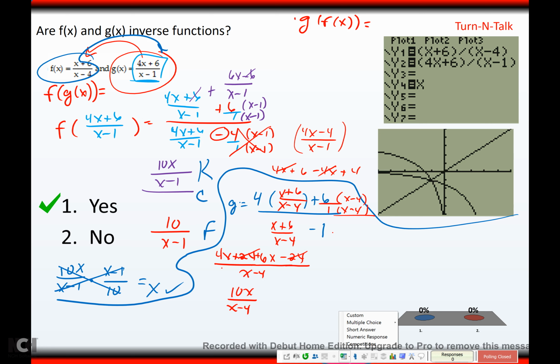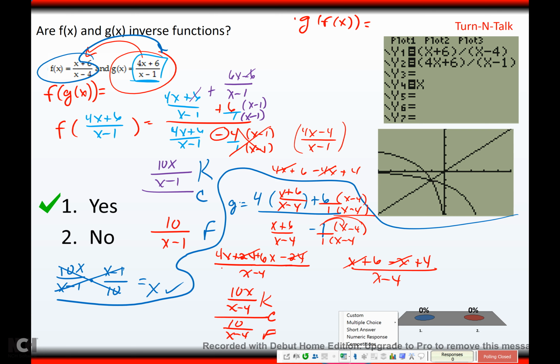On bottom, get a common denominator, which is x minus 4. And that becomes x plus 6 minus x plus 4, because I distribute the negative 1 over x minus 4. Combine like terms, and the x's cancel, and I get 10 over x minus 4.